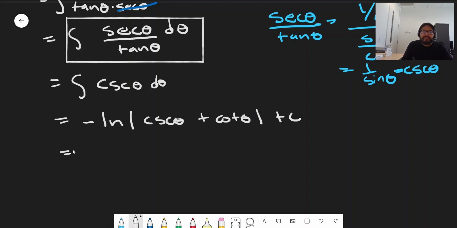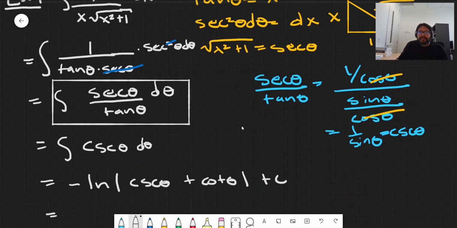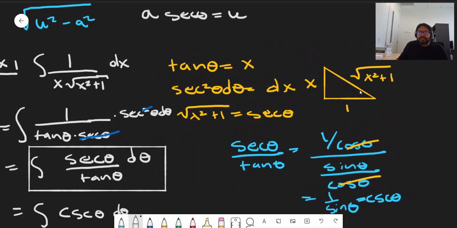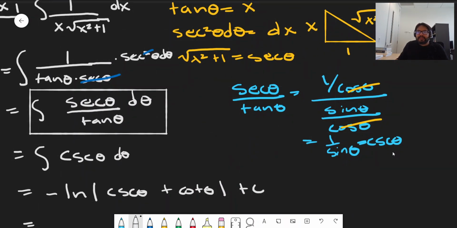Now, notice that by definition, we can input whatever cosecant was with respect to our diagram. So cosecant would be hypotenuse over opposite, and cotangent would be the adjacent over the opposite.